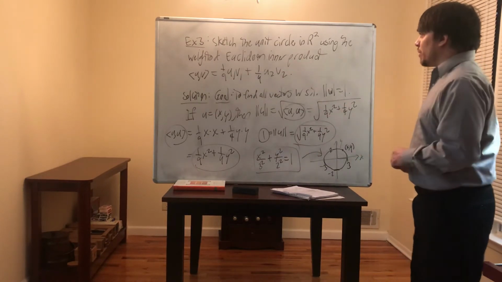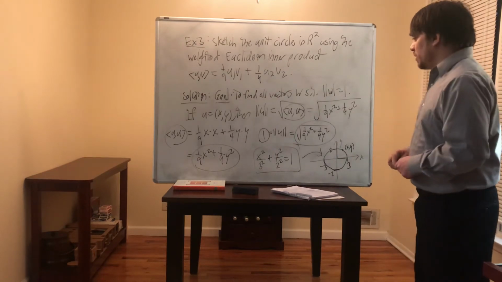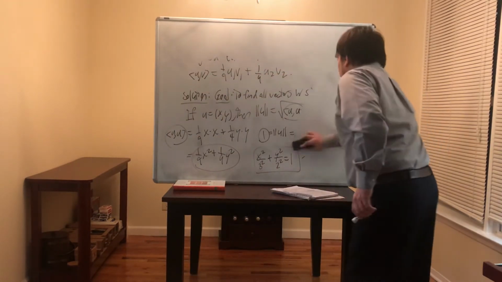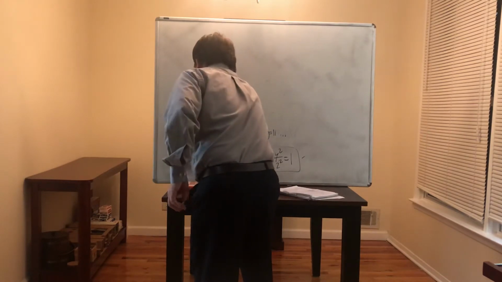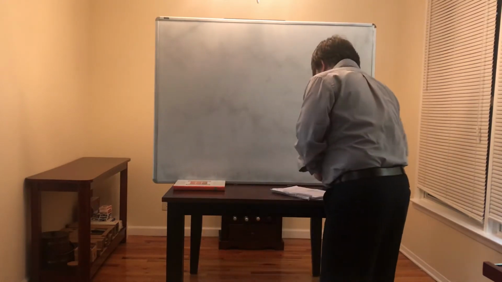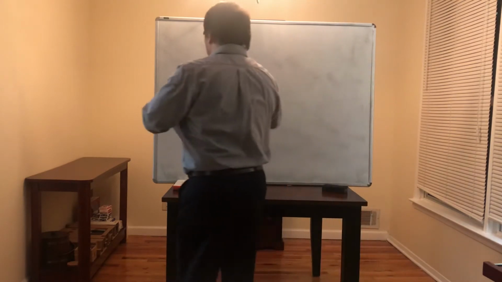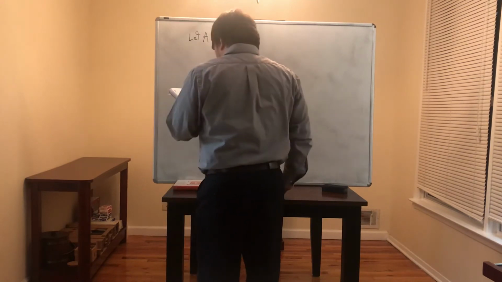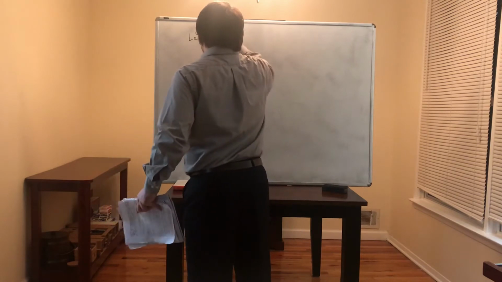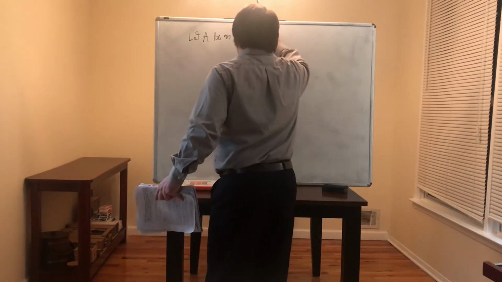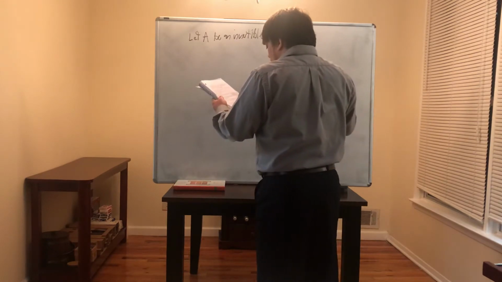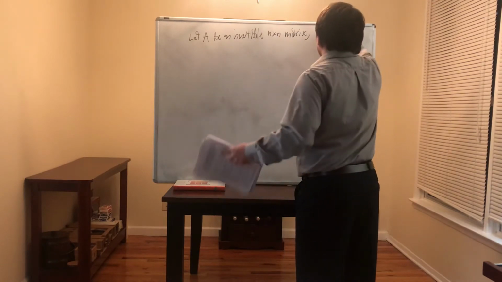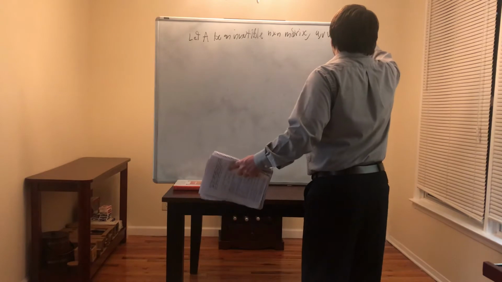That's a sketch of the unit circle in R2 using the weighted Euclidean product. So let A be an invertible n by n matrix, and U and V be vectors in Rn.